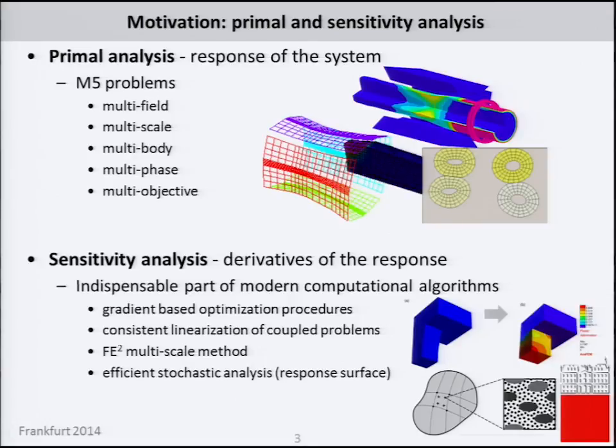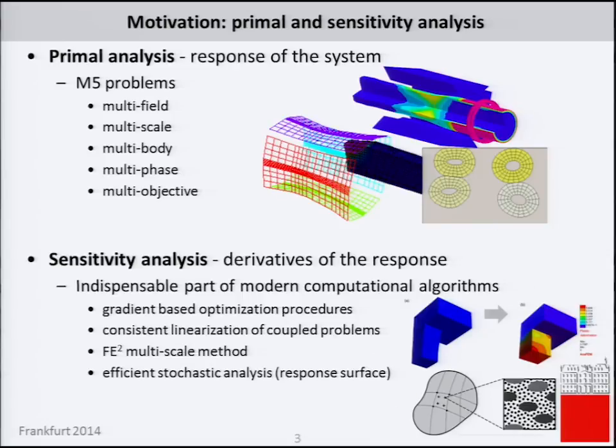Most of the presentations seen here were about getting the response of a system. But to really derive efficient algorithms to solve problems of M5 complexity, we also need sensitivity analysis.